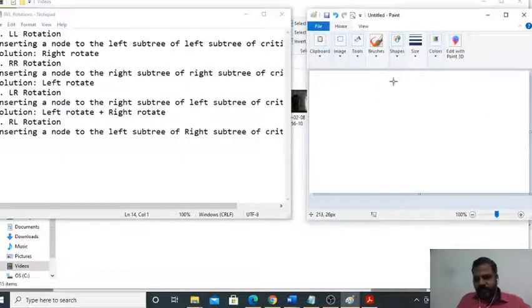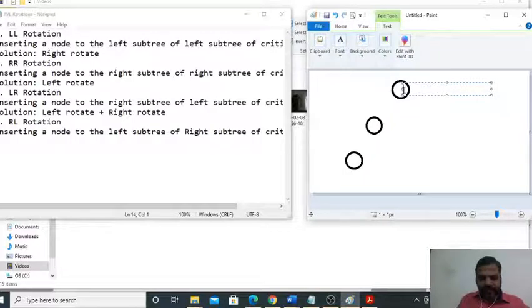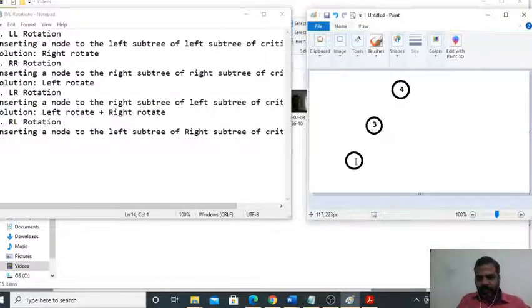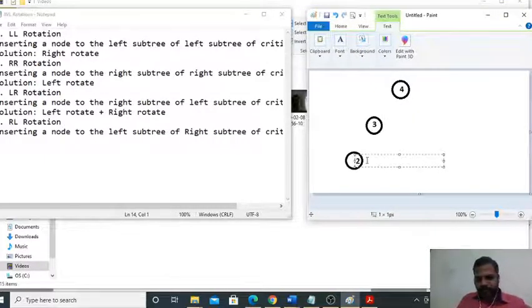Let me add three nodes. First I have the value 4, the root node is 4, and here it is 3, and here it is 2.